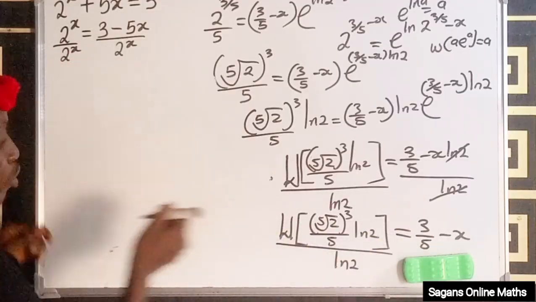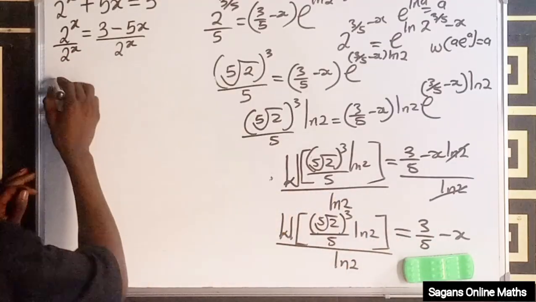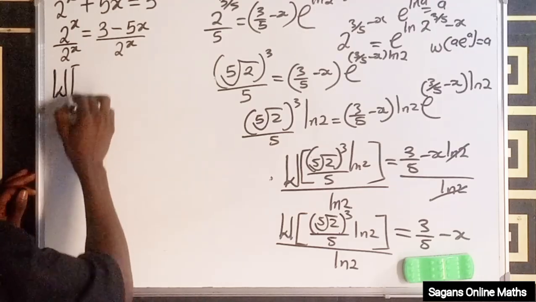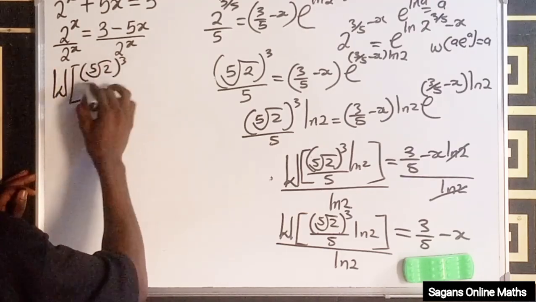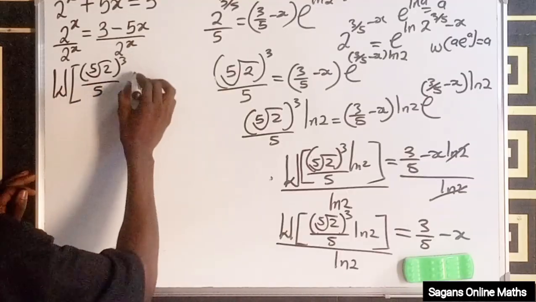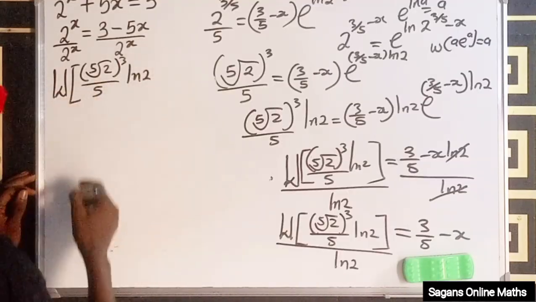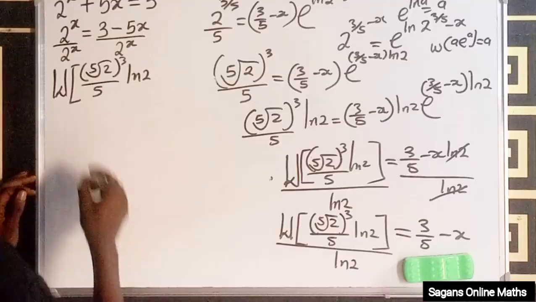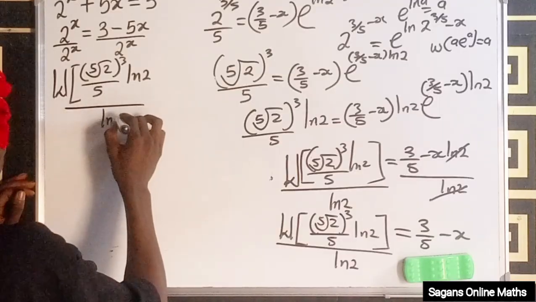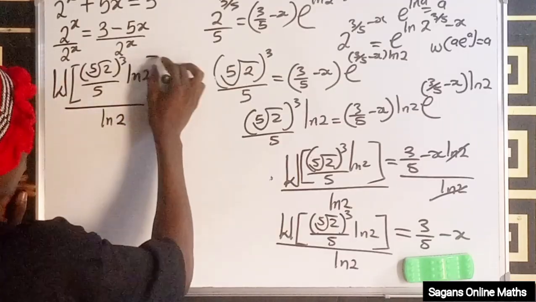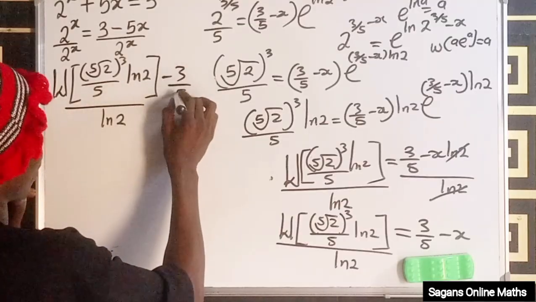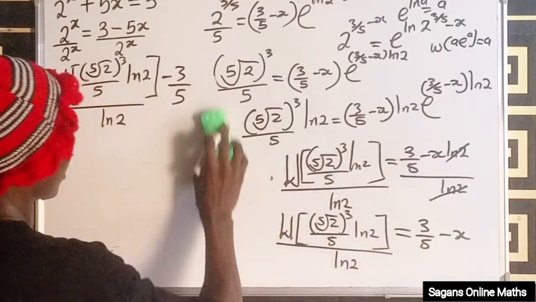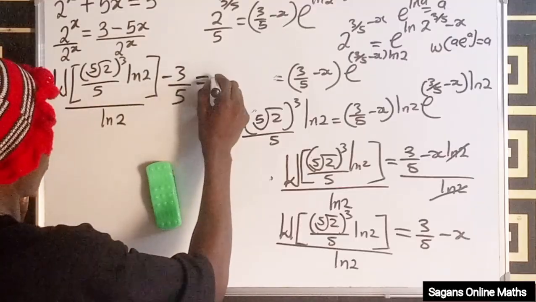That means if we subtract this from both sides, we want to add that the W function of, bracket, the fifth root of 2 to the power of 3 divided by 5, then ln 2, all divided by ln 2, then close, then minus 3 divided by 5 is equal to minus x.